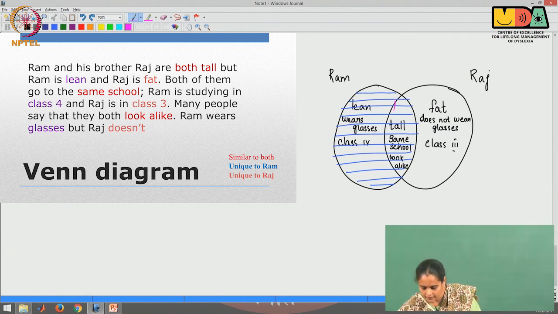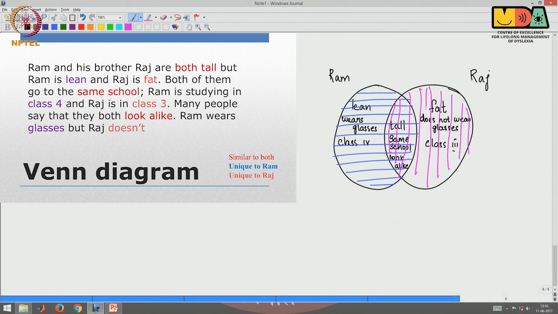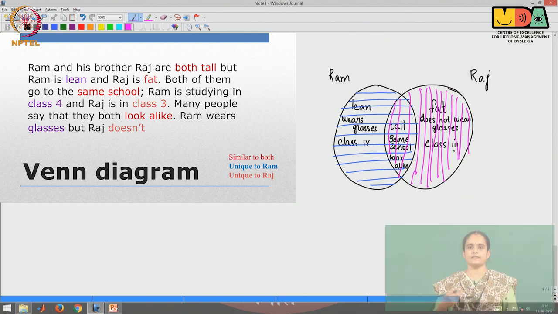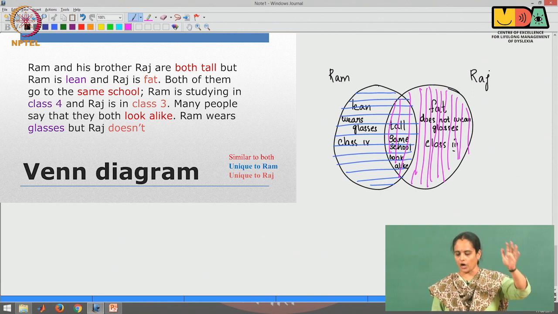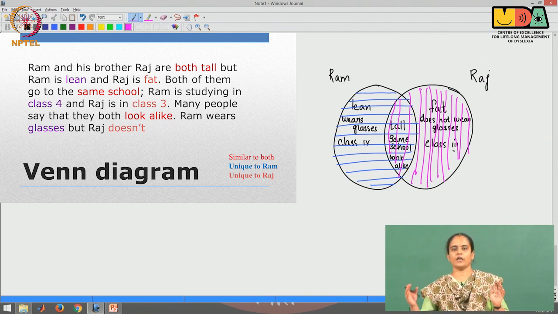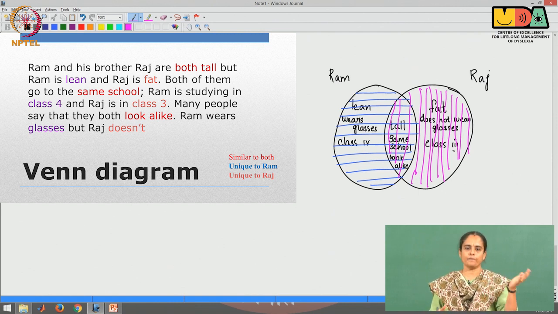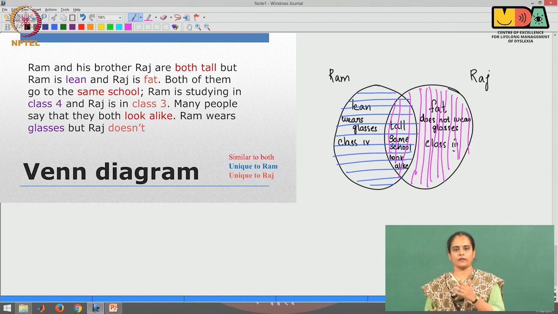So, wherever there is Raj, you will have to do the pink color. Okay. Now, when the child is made to visualize, he would see the blue color as things belonging only to Ram. Wherever he sees only pink, those are the characteristics of Raj, and wherever he can see blue and pink, that makes a check. So, it belongs to both Ram and Raj.